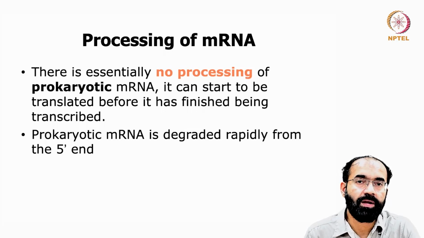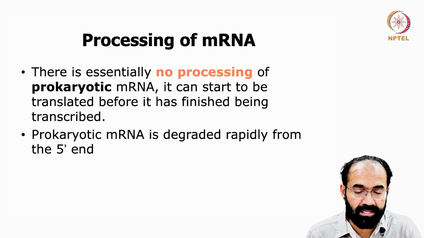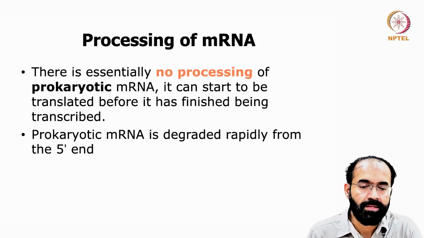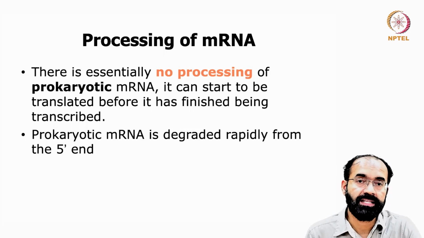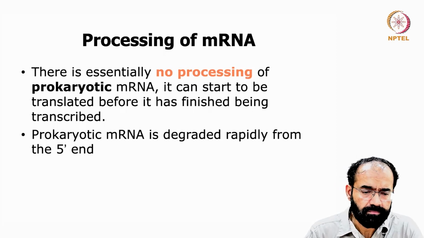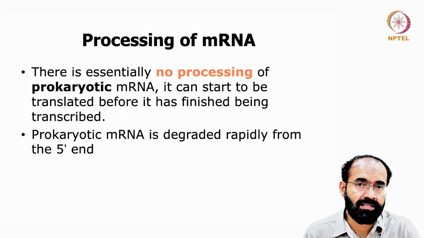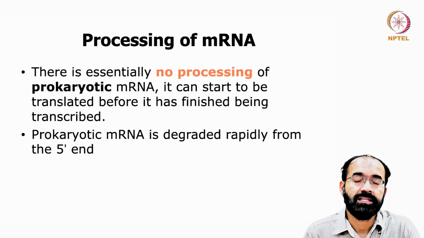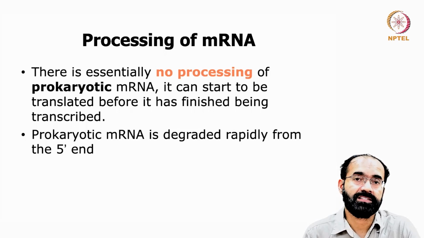Of course it needs to have some modifications that occur in the 3' tail, etc. We will see them one by one, but there is no extensive processing as it occurs in the case of eukaryotes. And especially, bacterial translation can start even when the RNA has not completed its transcription.